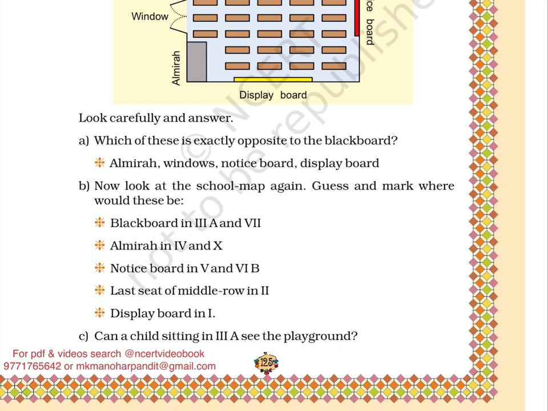Almirah in 5th and 10th. Notice board in 5th and 6th B. Last seat of middle row in 2nd. Display board in 1st. C. Can a child sitting in 3rd A see the playground? The chapter 8. Mapping Your Way.